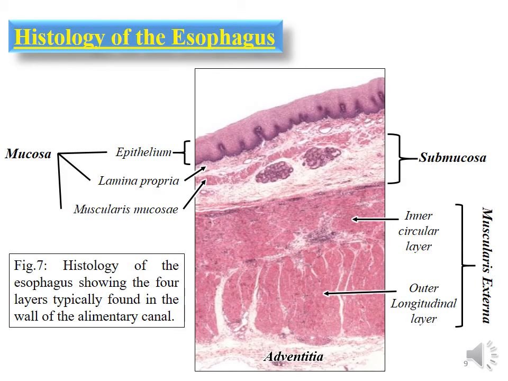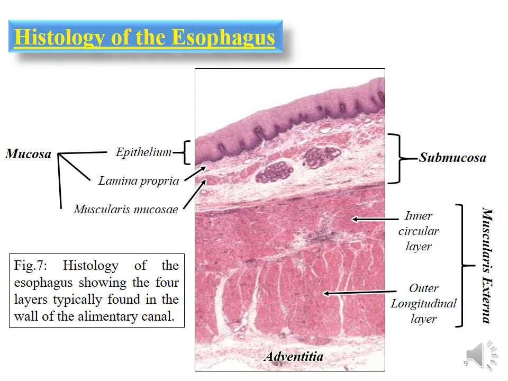Now let's look at the histology of the esophagus. Here we can see the typical structure of the wall of the organs of the alimentary tract. These organs are lined by a wall formed of 4 layers.